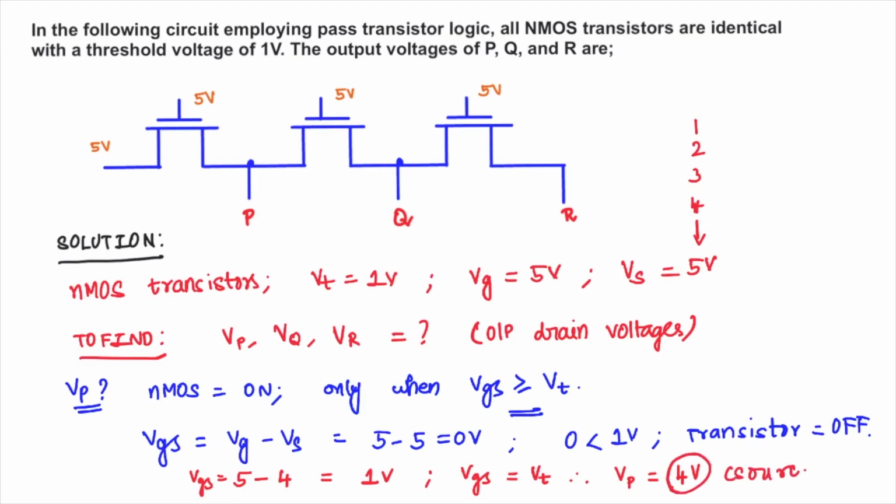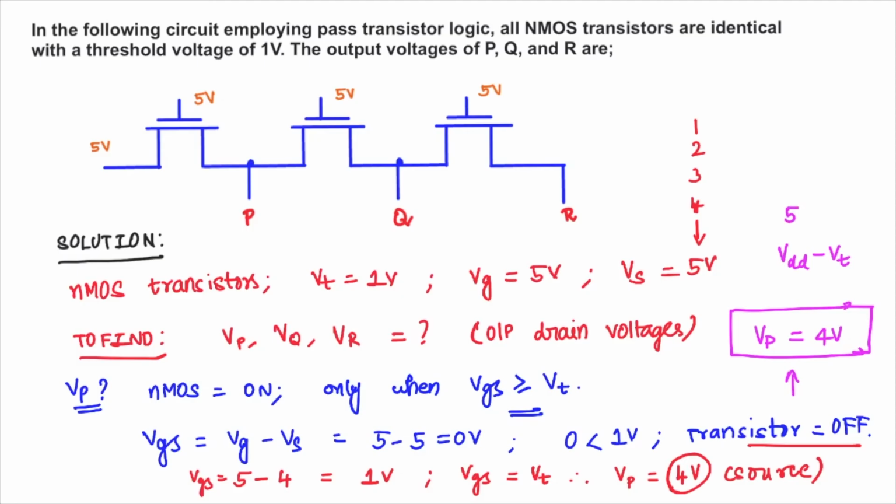at the source. So now, since in this particular case the transistor is in off condition, it will try to retain the previous voltage, which is 4 volts, where this 4 volts is what we call VDD minus VT, where VDD is 5 volts and VT is 1 volt.